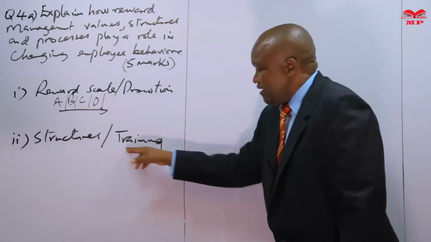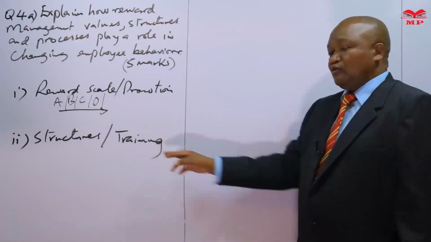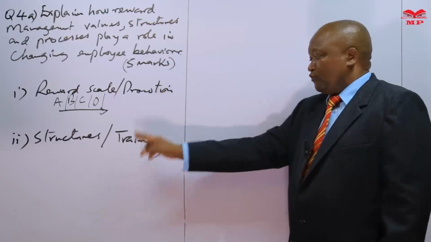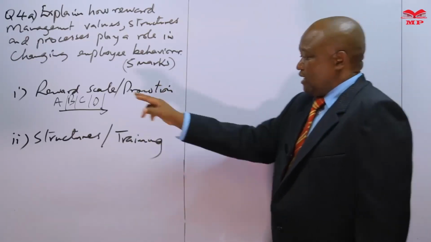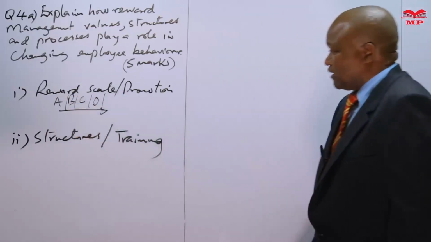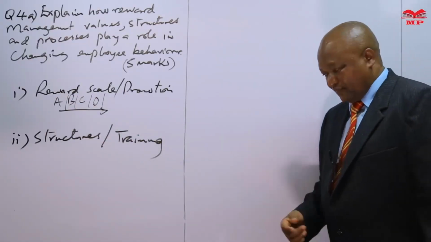So employees' behavior will change in relation to the structures in the context of training programs. Employees should proceed for training, and this is how their behavior changes in order to fit into the structures so that they can be assigned certain jobs, roles, and activities.